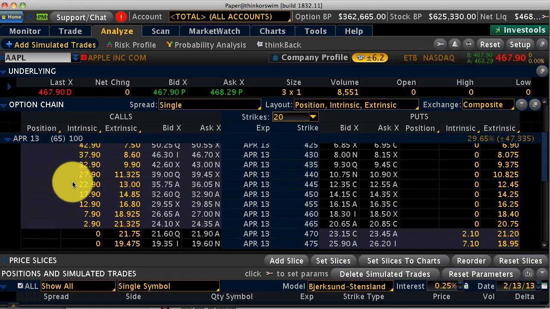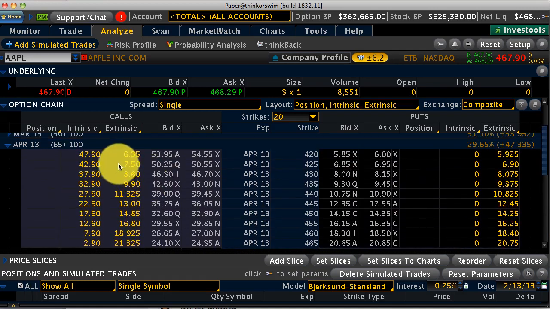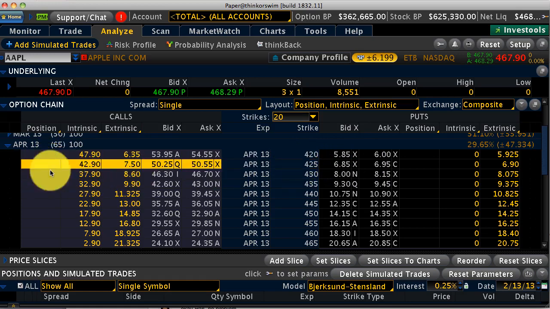Now, in the money options obviously have the least amount of extrinsic value as a percentage of the total value of the option. The total value of the option is between $50.25 and $50.55 if you look at the 425 call. But out of this $50, only $7 is extrinsic value. So the time decay component is only going to work on this part of the option value.